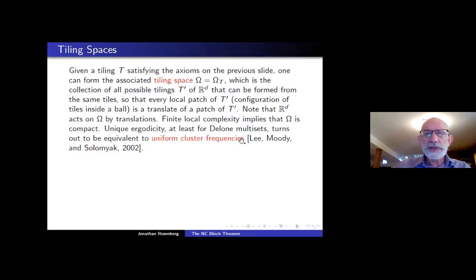And it turns out there's an interesting theorem of Lee, Moody, and Solomyak from 2002 that in the case of what are called Delaunay multisets, which is close to the situation that one almost always has, then unique ergodicity of this situation, in other words, the existence of a unique invariant measure under this R^D action, is equivalent to uniform cluster frequencies.